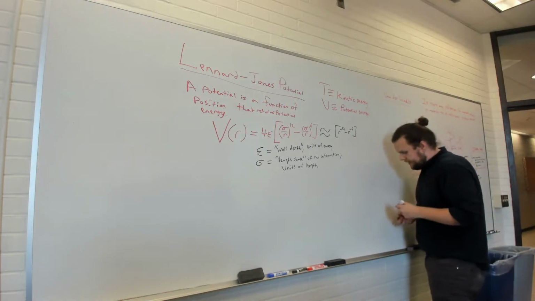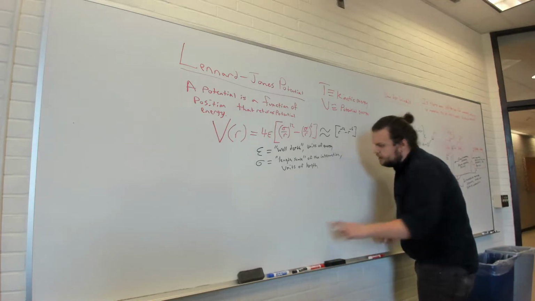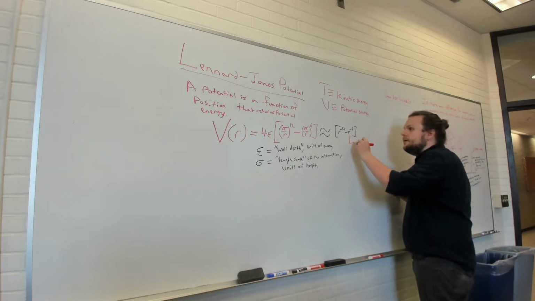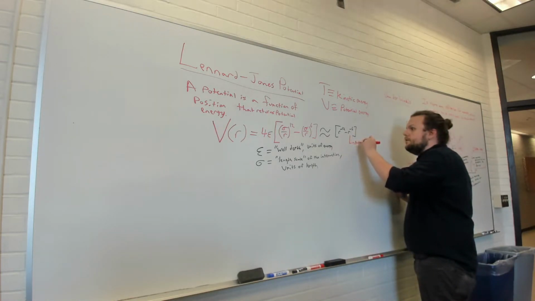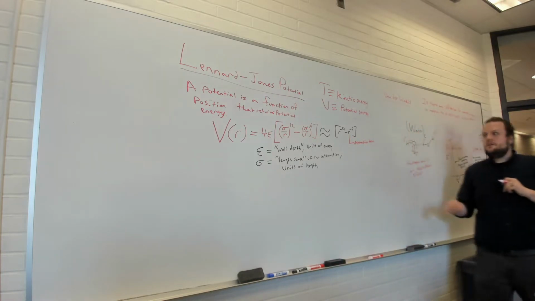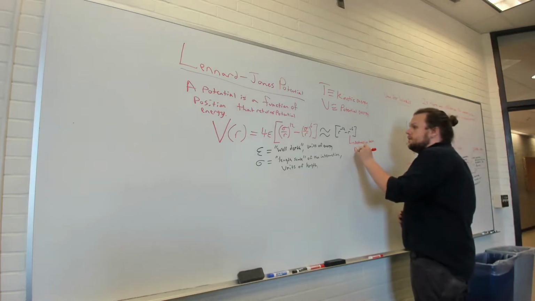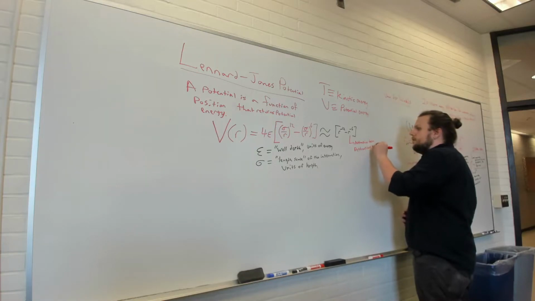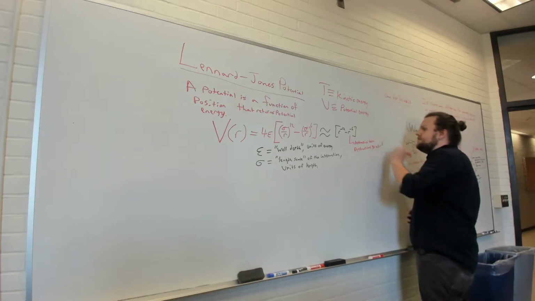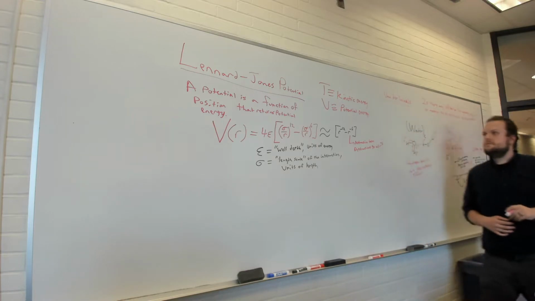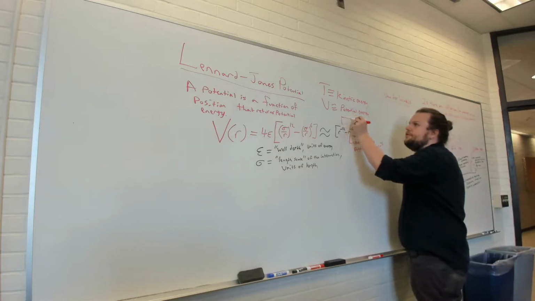The r to the minus 6 term is the attractive term, and the r to the minus 12 is the repulsive term.